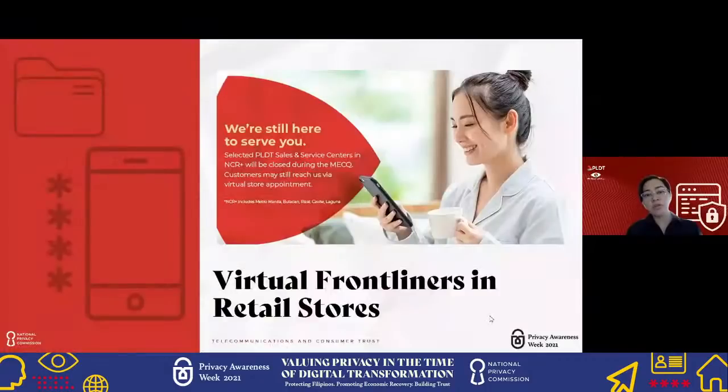So virtual frontliners in the retail store. For people who were not aware of the announcement of online booking for the retail stores, this is our behavior, right? As customers, we go to the retail store if we have a question.